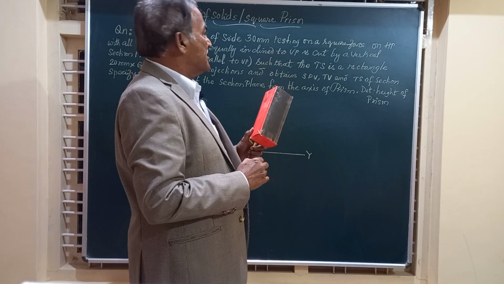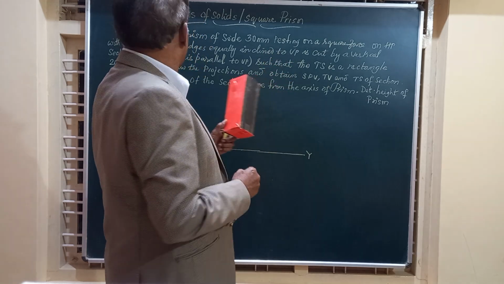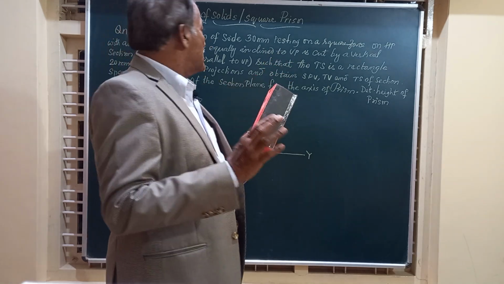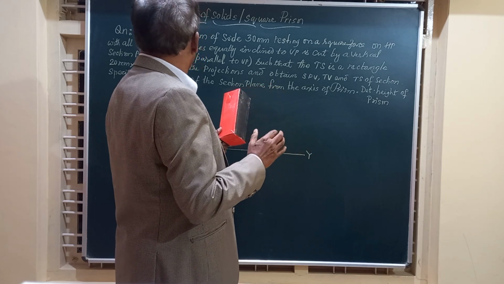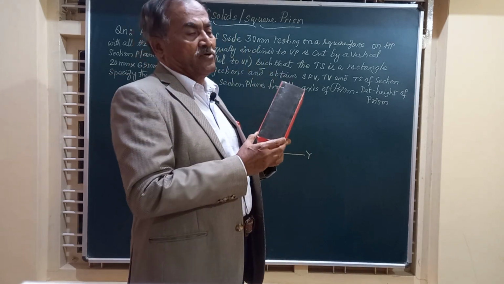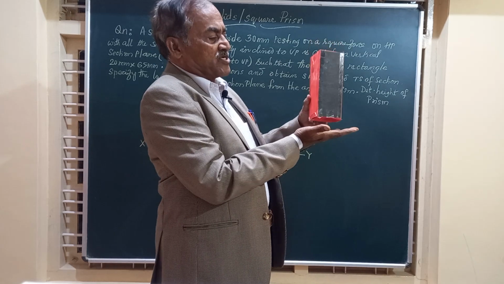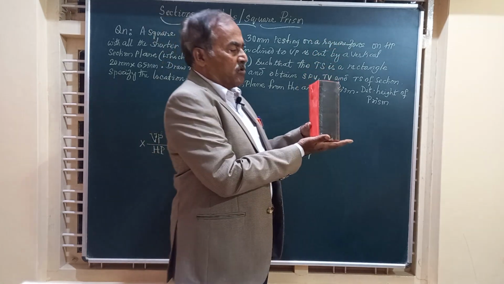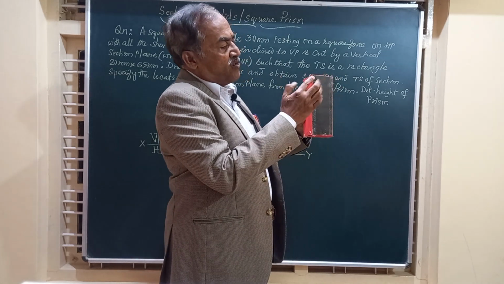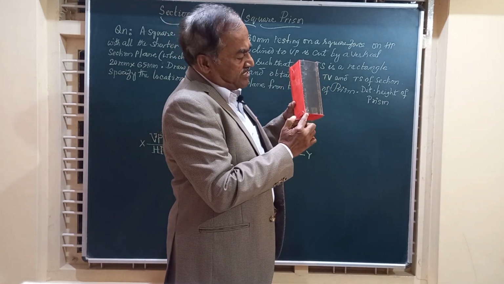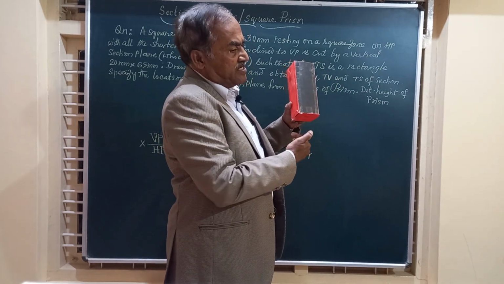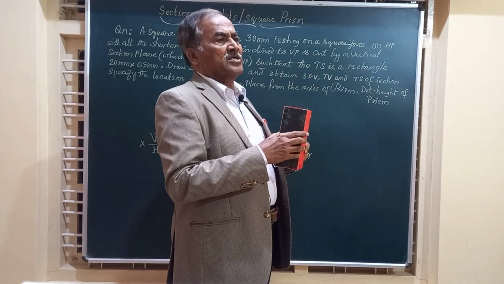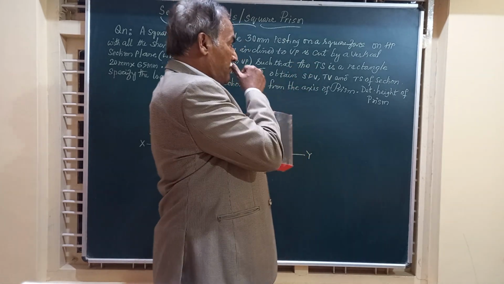Each side measures 30 mm, and all the shorter edges are equally inclined to VP. So while resting on HP on one of its square faces, all the four shorter edges AB, BC, CD and DA are equally inclined to VP.